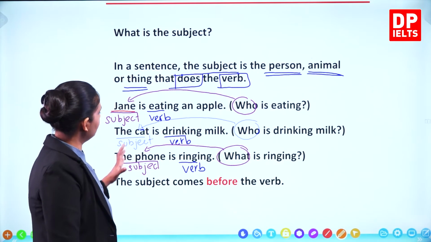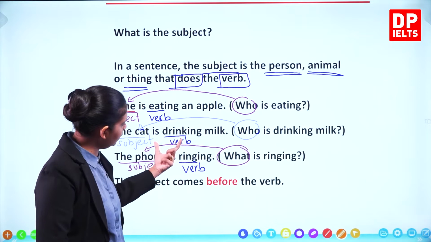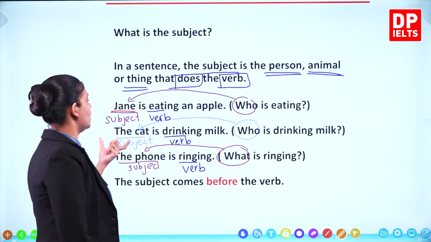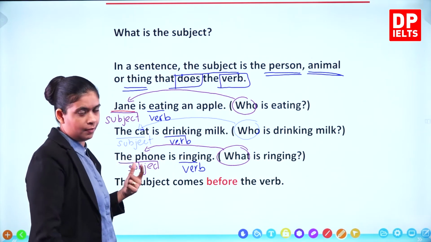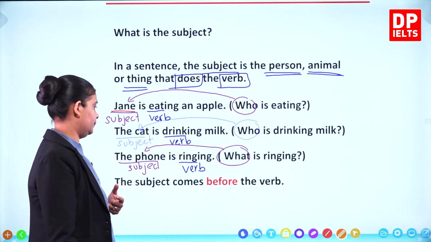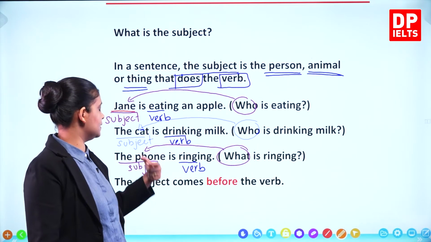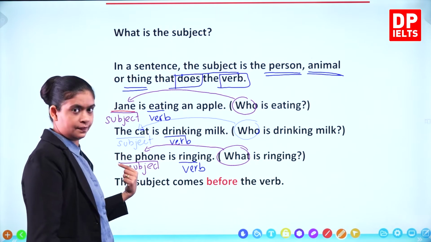Second one, the cat is drinking milk. Drink is the verb. Before the verb, the subject is there, the cat. So therefore, remember, the subject comes before the verb. The phone is ringing. So ring is the verb. The phone comes before that.